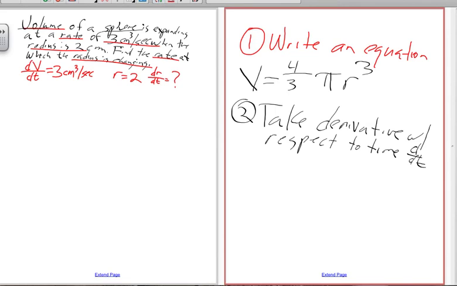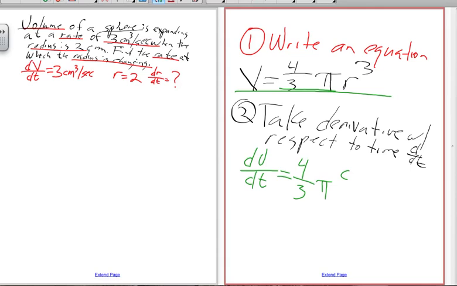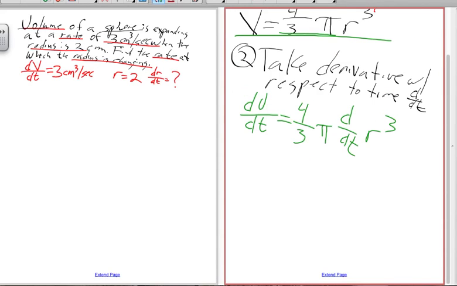All right, well, we can do that. Here it is, so I come along, dV/dt is going to equal, these are constants, we're going to keep them out, and then I want to do d/dt of r cubed. So here's where the implicit comes in, or you can think of this as chain rule. So I've got dV/dt equals 4/3 pi.